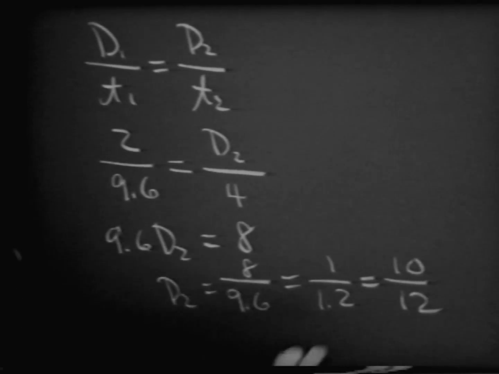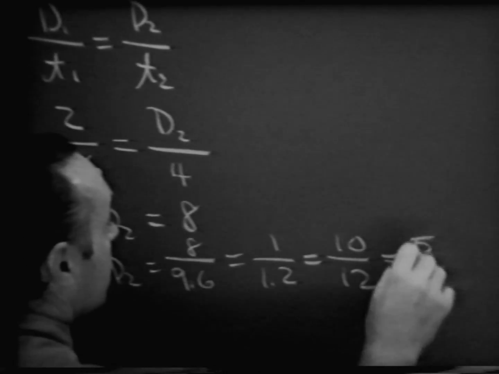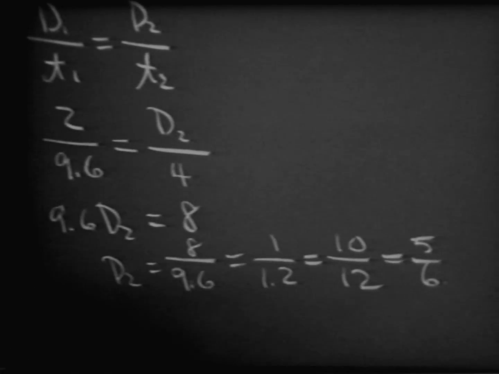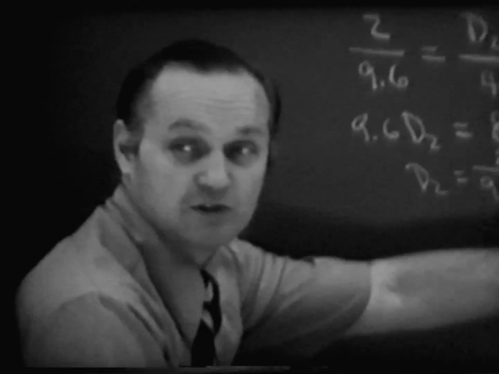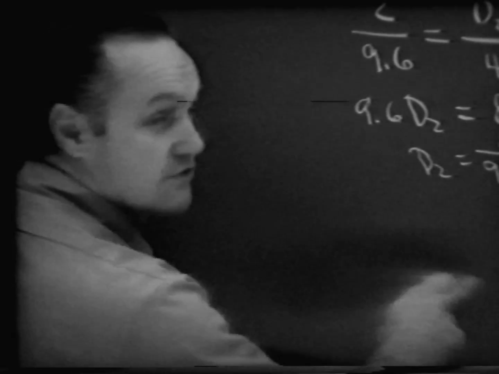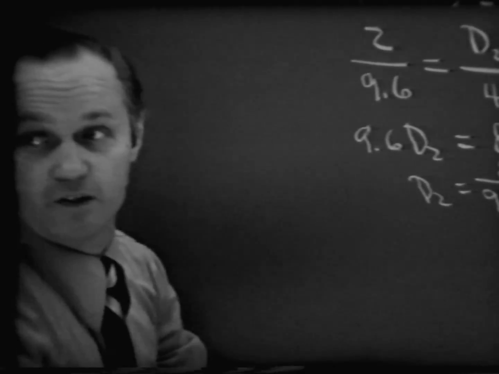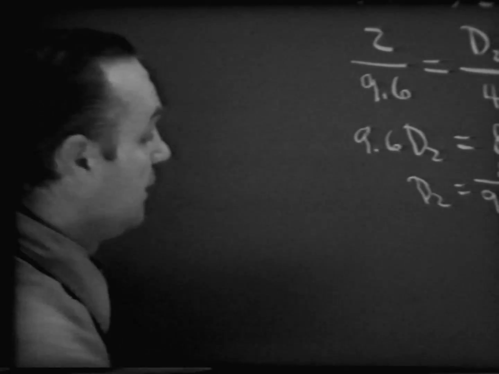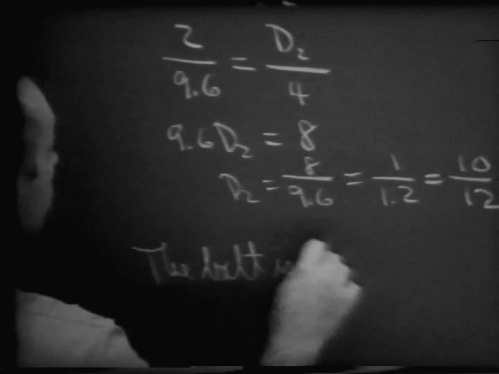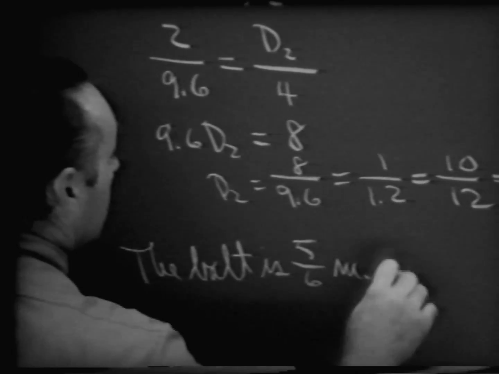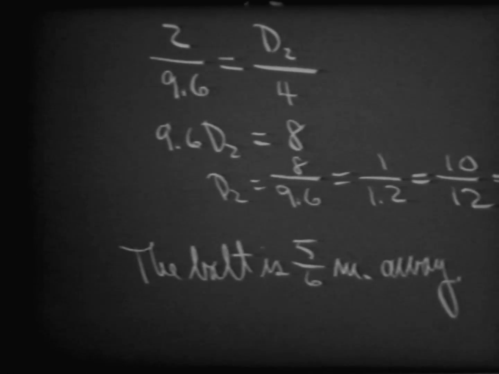Multiplying through by 10, that's of course a name for 5 over 6. Well, let's leave our answer in that pattern. With respect to the unit of measure, the sentence that we would like to make, which is our English conclusion, is what? That the bolt is 5/6 of a mile away. The bolt is 5/6 of a mile away after 4 seconds of hearing the thunder.